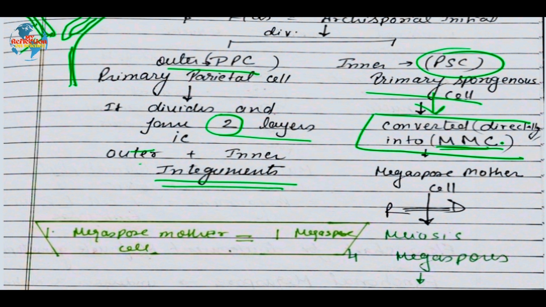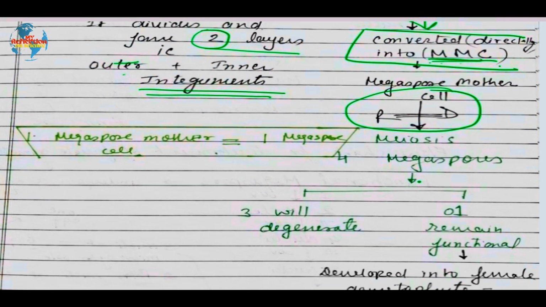In microsporogenesis, if you remember, there was a division of the primary sporogenous tissue, then formation of many microspore mother cells and then reduction division. But here we simply have the conversion of this sporogenous cell to the megaspore mother cell, and this megaspore mother cell undergoes reduction division, as a result of which 4 megaspores are produced, out of which 3 will degenerate.